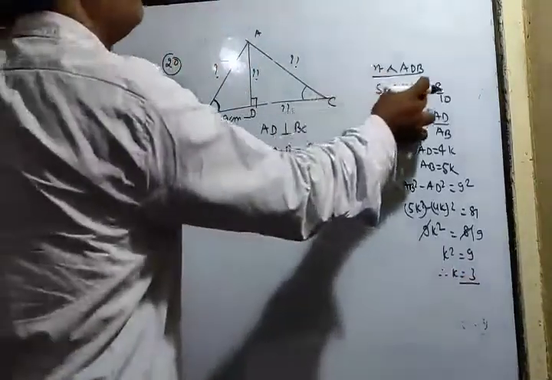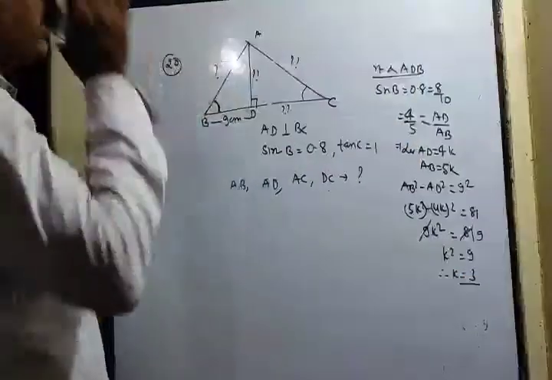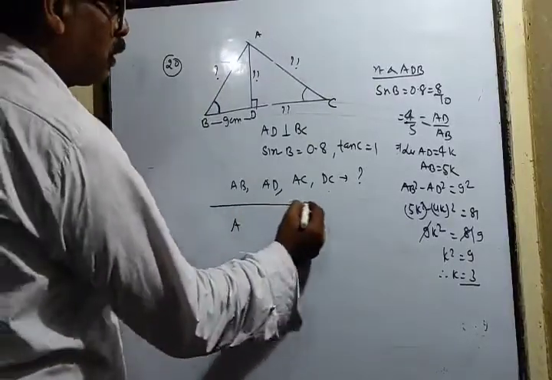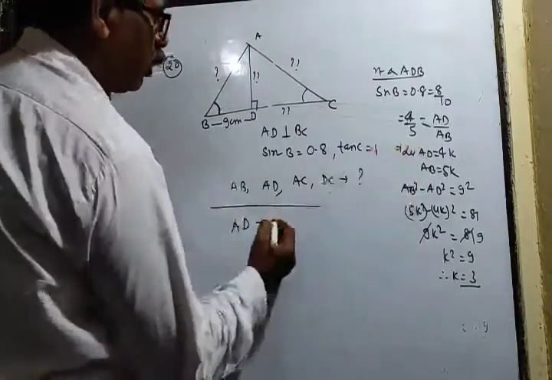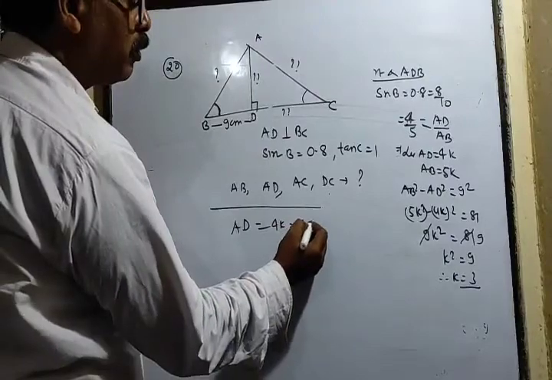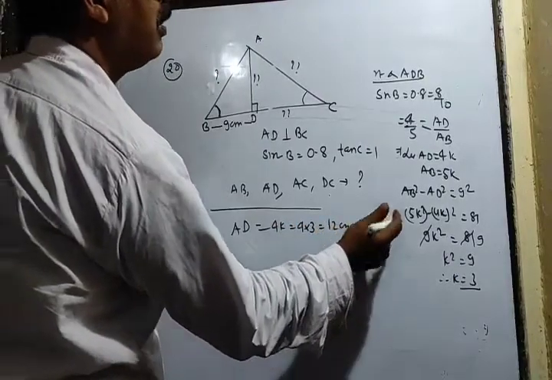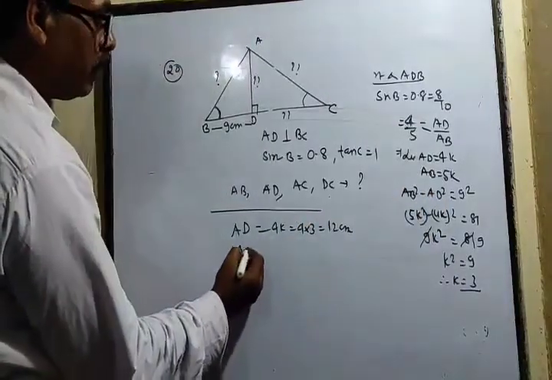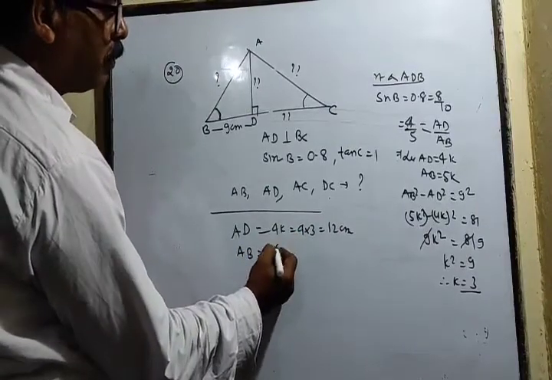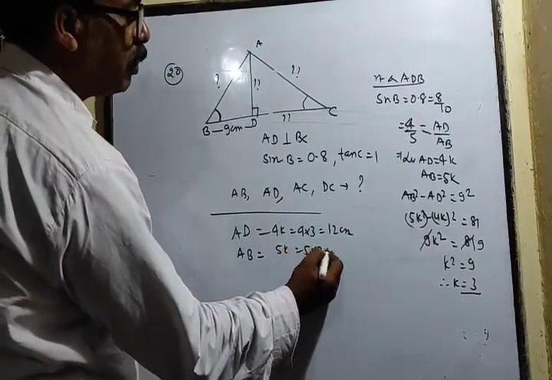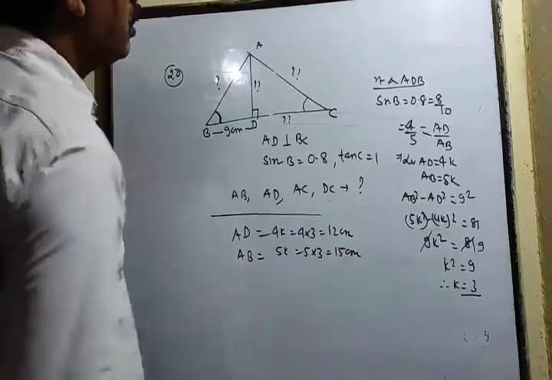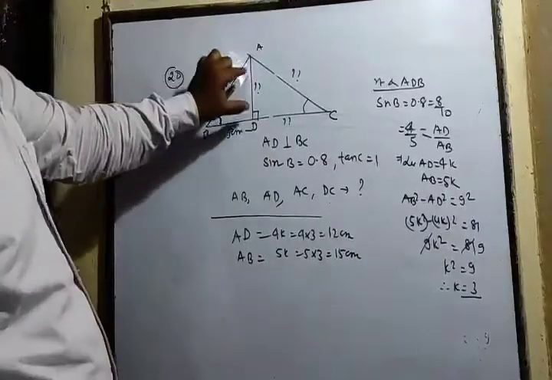So after that we'll find out length of AD. Since AD we have marked as 4K, it will be 4 into 3, that is equal to 12 centimeter. Then we'll find out AB. AB is given how much? 5K. So it will be 5 into 3, that is equal to 15 centimeter. So AB is known to us, AD is known to us.